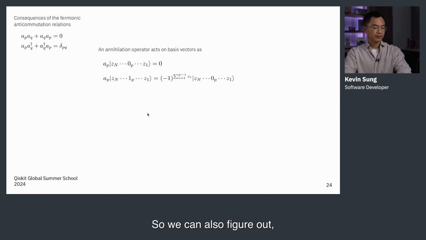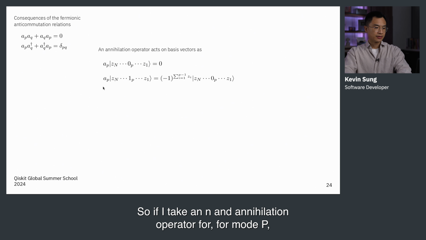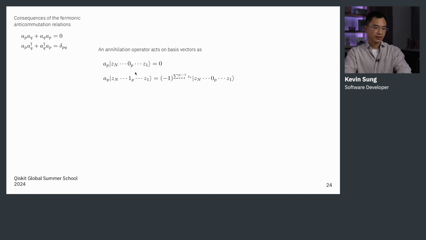So we can also figure out how an annihilation operator acts on the basis vectors that we just constructed. If I take an annihilation operator for mode P and act it on a basis vector represented by a bit string, if the corresponding bit is 0, which means that mode is not occupied, then applying the annihilation operator gives 0.